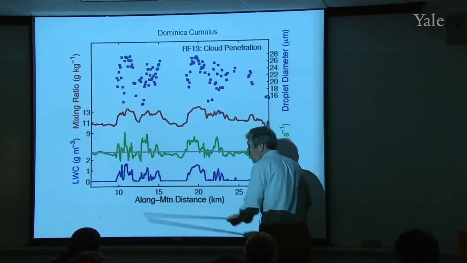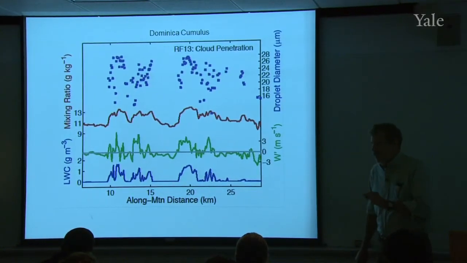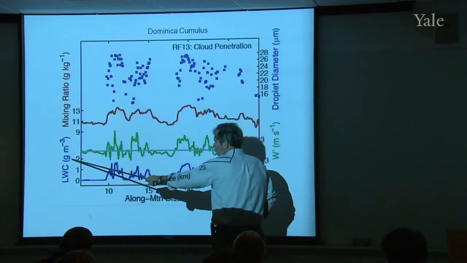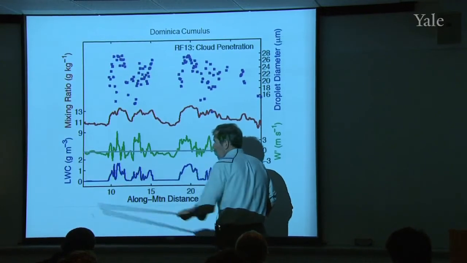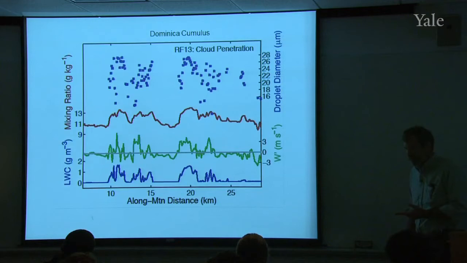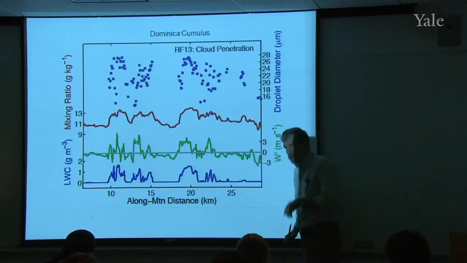What's plotted in blue, LWC, is the liquid water concentration. In those cloud drops, how much total liquid is there in units of grams of water, liquid water, per cubic meter of air? We have instruments on board the aircraft that can measure this. And so when it's 0, of course, you're not in a cloud.